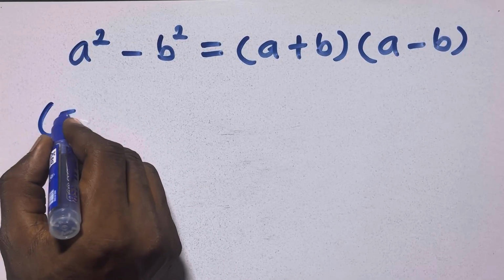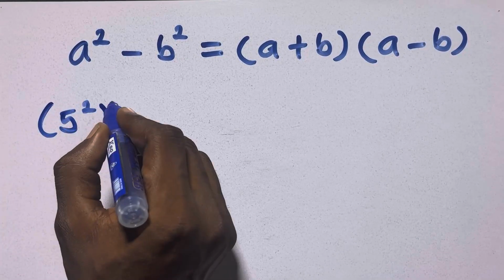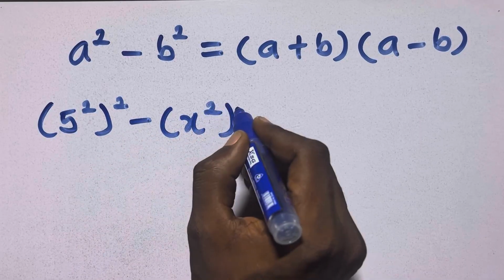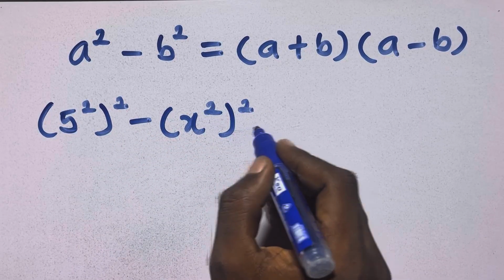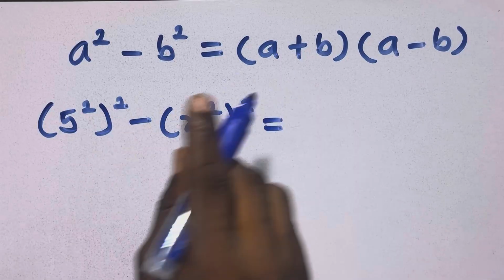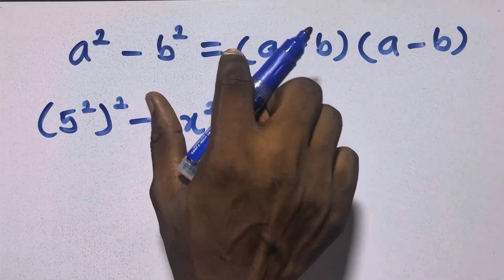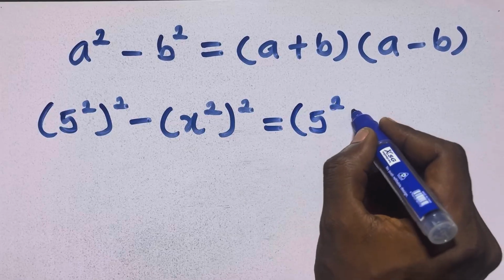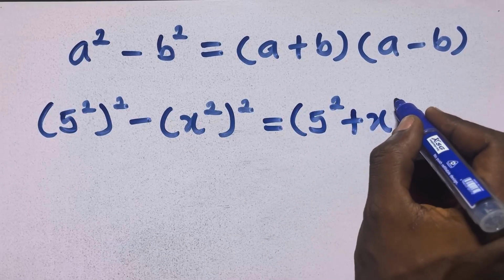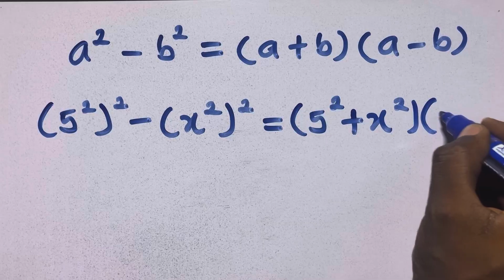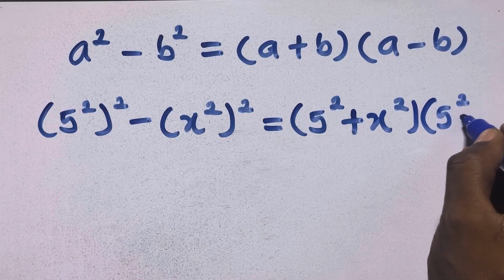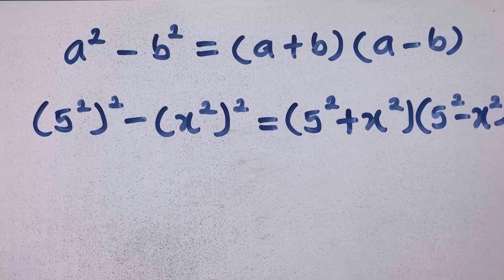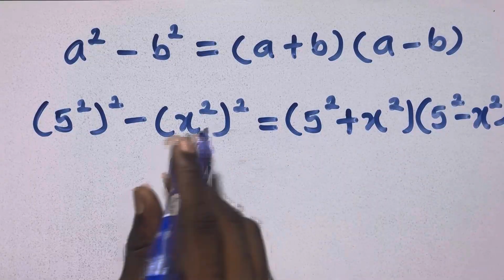The resulting expression is 5 squared raised to the power 2 minus x squared raised to the power 2, and applying the formula here, we have 5 squared plus x squared, times 5 squared minus x squared.